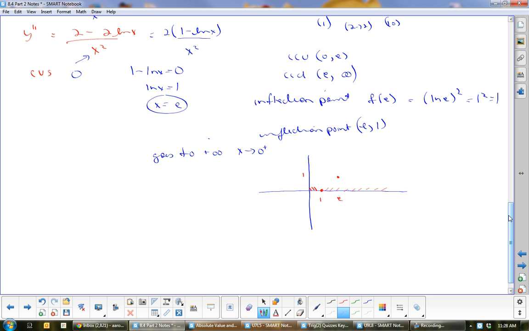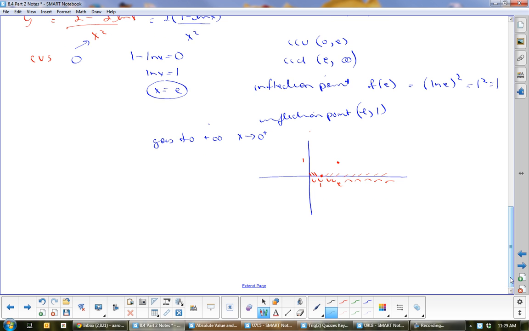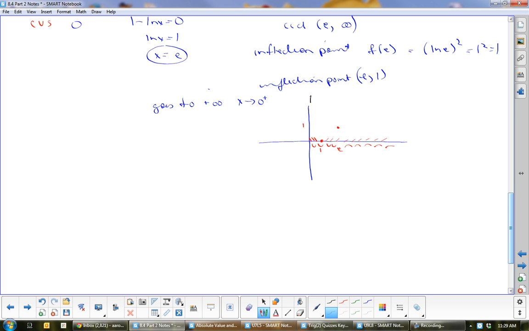So I change from concave up all the way here to concave down here. So as I approach 0 going to positive infinity, I'm coming down here. I'll do this in black. Still concave up, I mean. Then there's an inflection point here, and it's going like that.